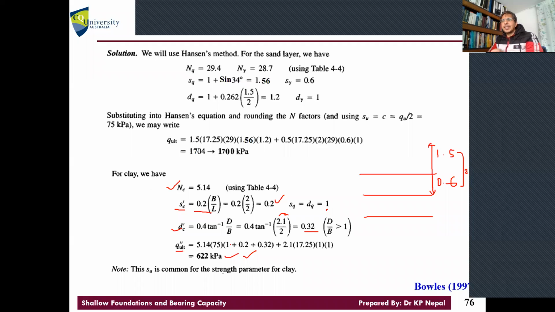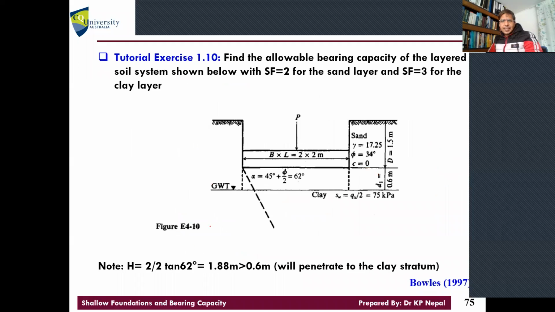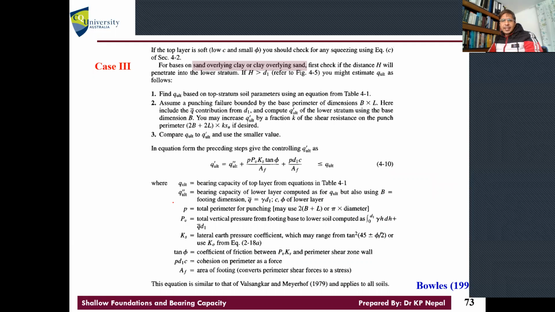So what we did until now, we calculated the bearing capacity for the first layer. We also calculated the bearing capacity of the second layer, right? We have the two bearing capacities, right? Can I go back now? Look at this. The theory is, once you get that, you need to combine them using this equation. You see, this is the equation to combine both of them, right? Can I show you in the calculation?